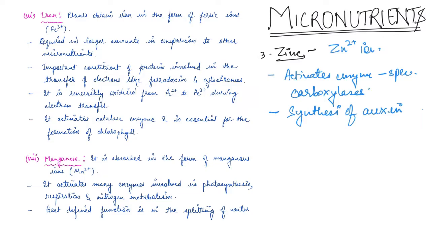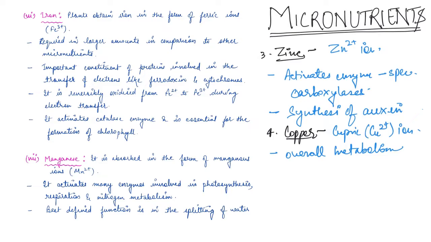Now the fourth element, guys, that we are going to study is copper. This copper is absorbed as the cupric ion. It is essential for the overall metabolism of the plant.